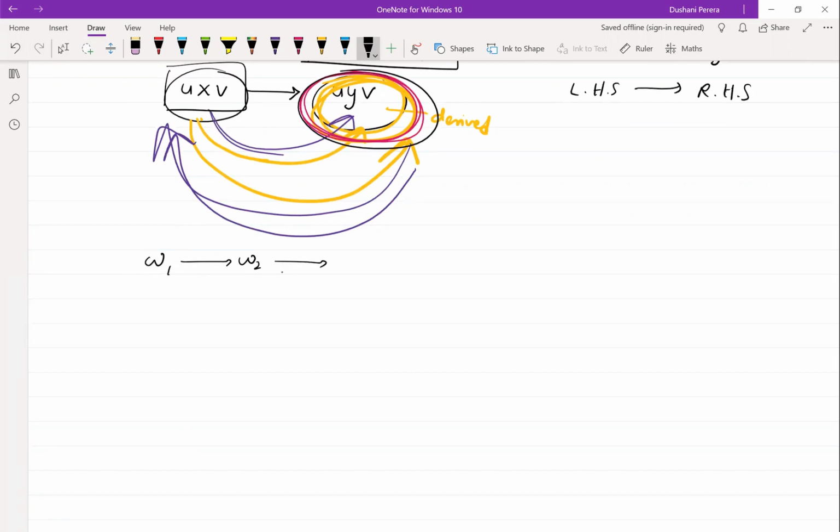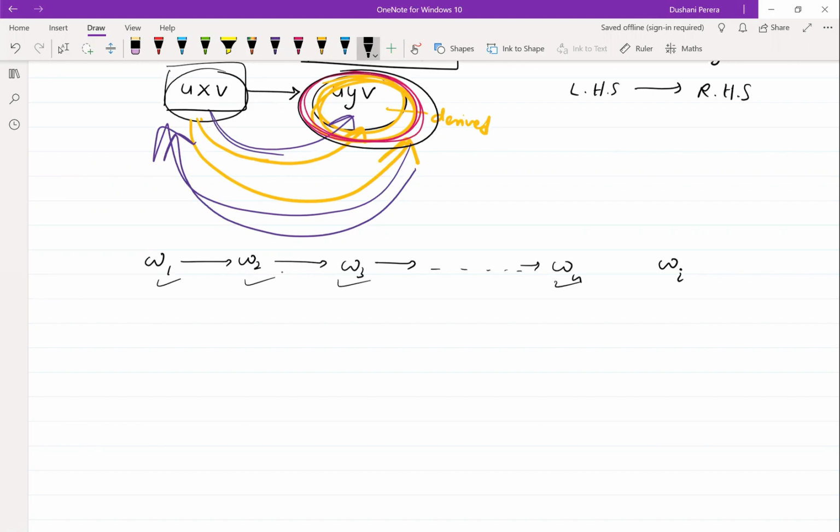We use another production rule, we get w3, we use another, and so on. So w1 derives w2, w2 derives w3, w3 derives w4.